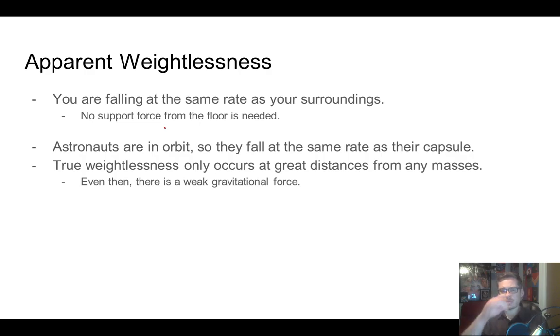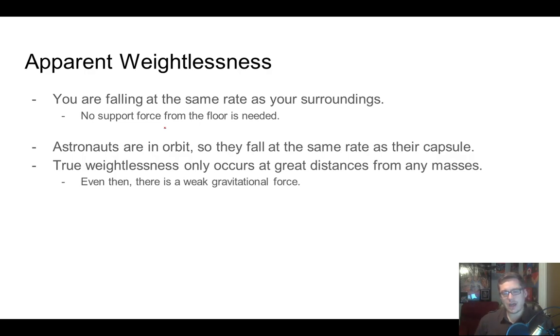However, remember when you're orbiting something, essentially what you're doing is you're just falling and missing over and over again, right? You've got enough velocity that you go around your object and you just keep missing it as you go around. And so really you're just falling over and over again.